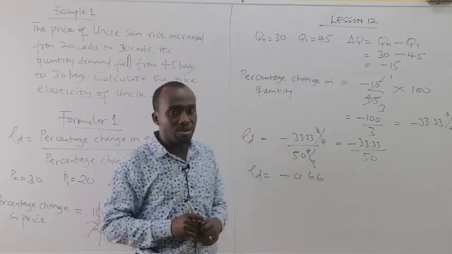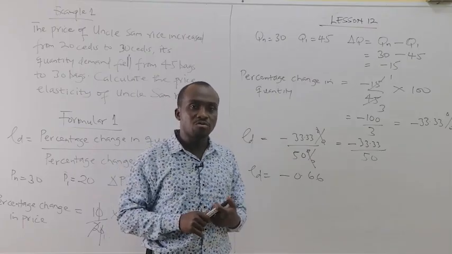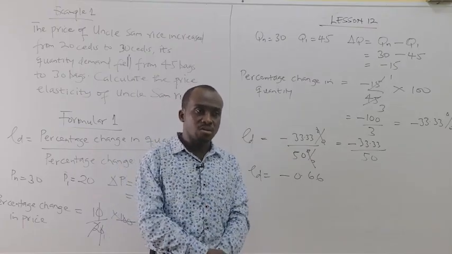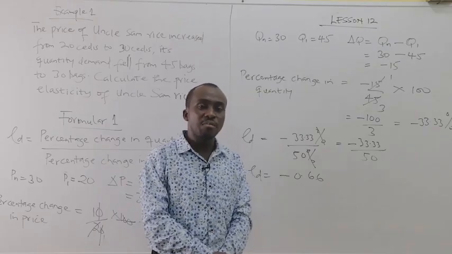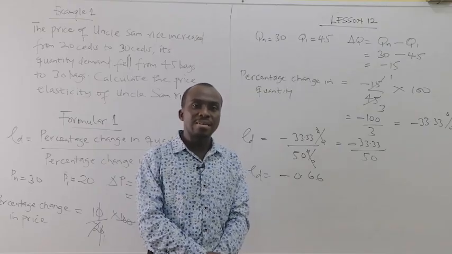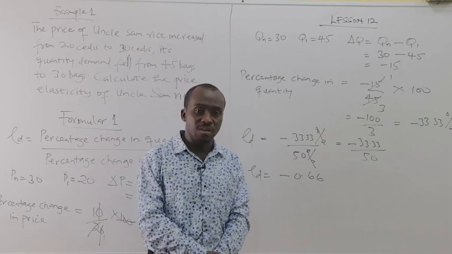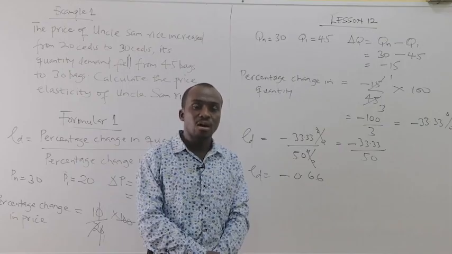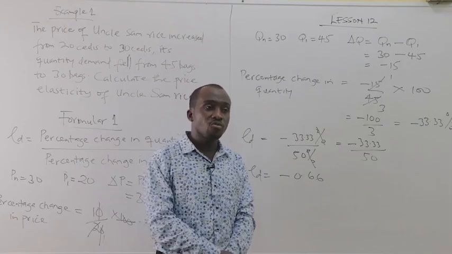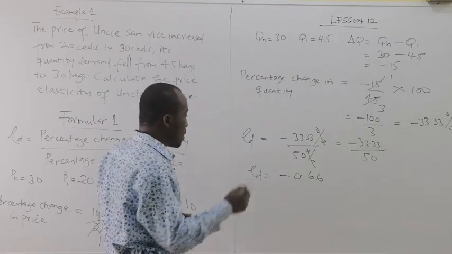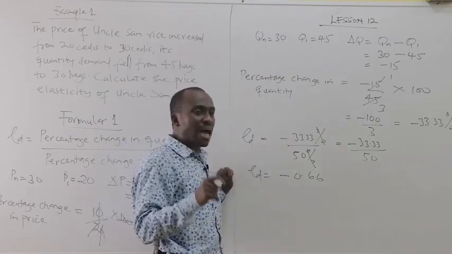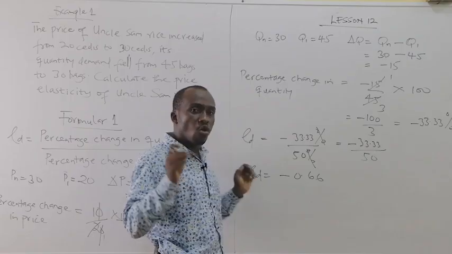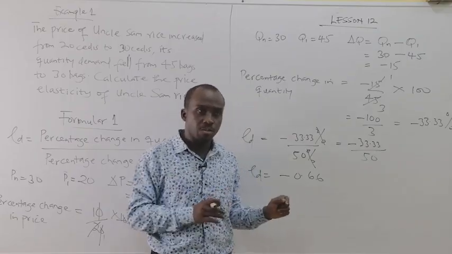So if you want to interpret, you have to take the absolute. Taking the absolute means making the figure positive. If it's negative, make it positive, right? So let's take the absolute. The reason you have to take the absolute before you can interpret is that your answer is always negative.